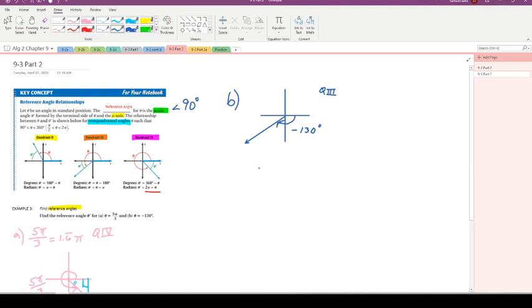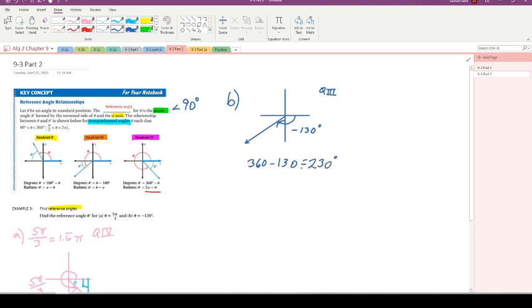Remember, it has to be positive and it has to be between 90 and 360. So to do that, I'm going to do 360 minus 130, which is equal to 230 degrees.